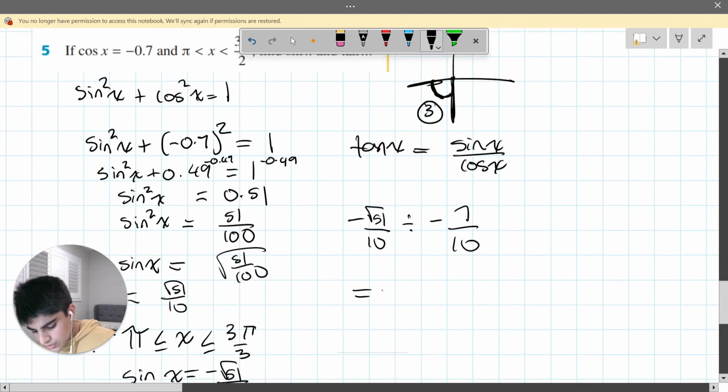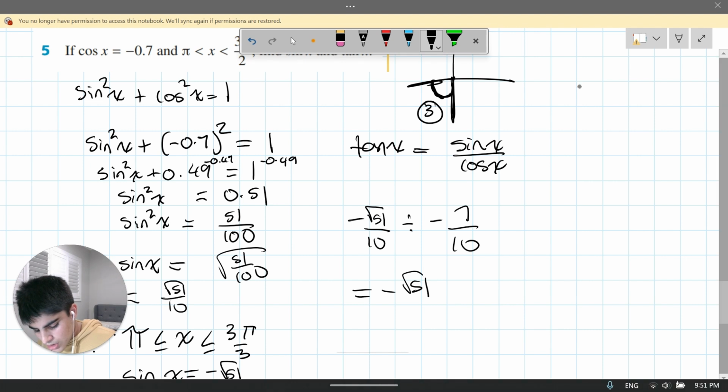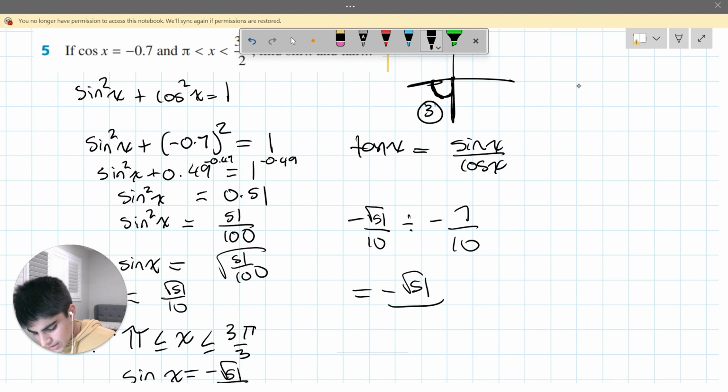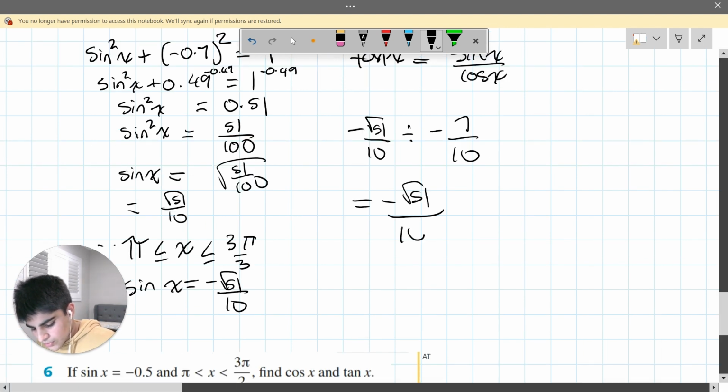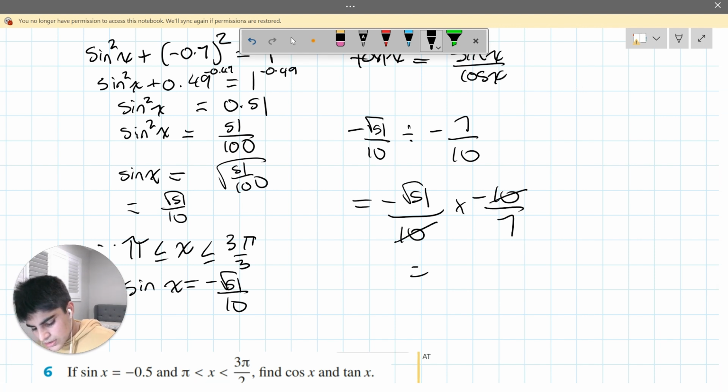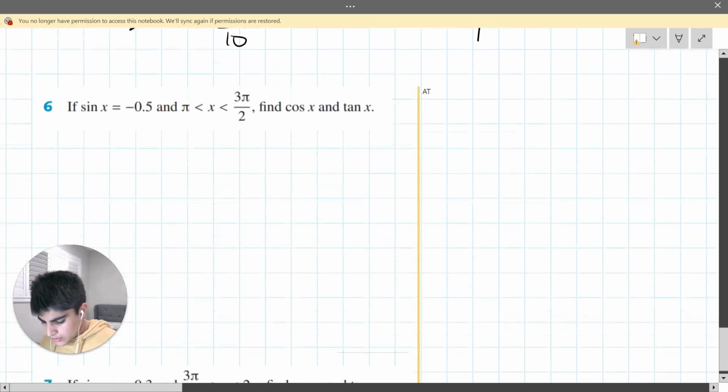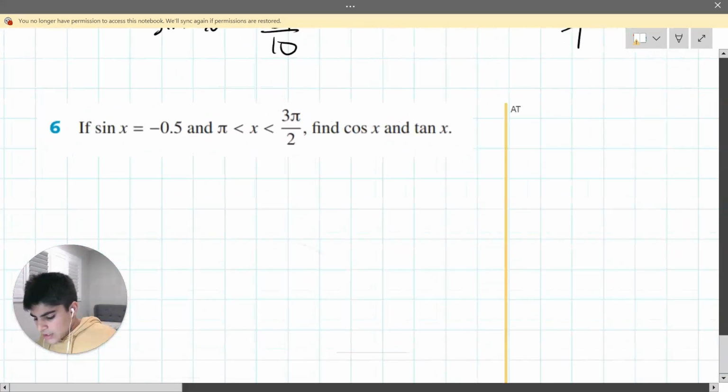This equals negative root 51 over 10 times negative 10 over 7. Let's cancel the minus signs. This equals root 51 over 7. On to the next question.